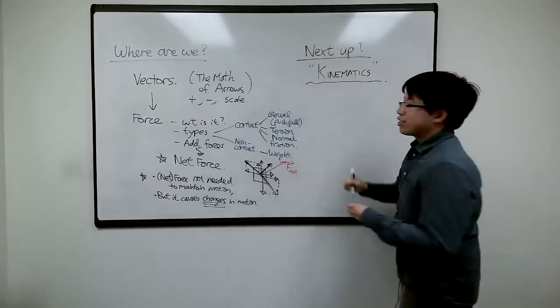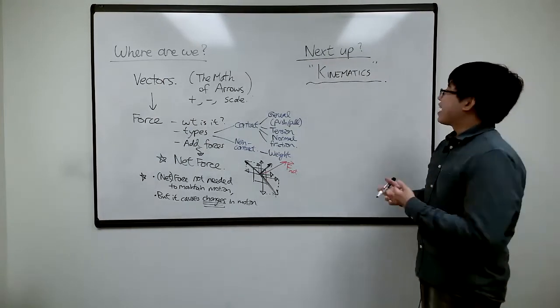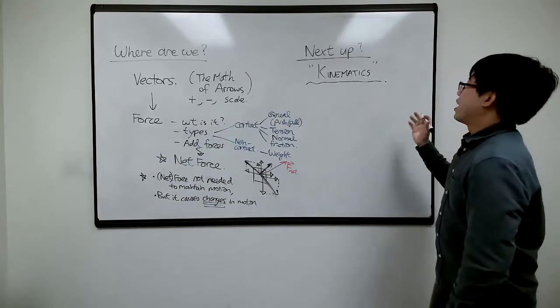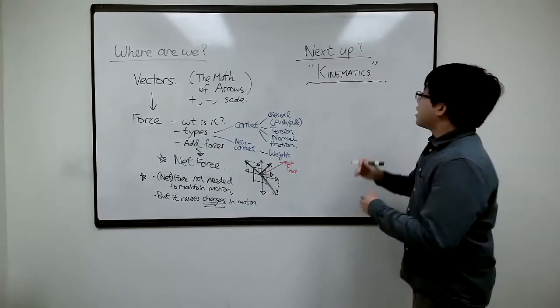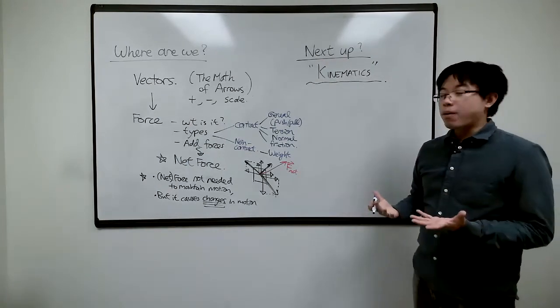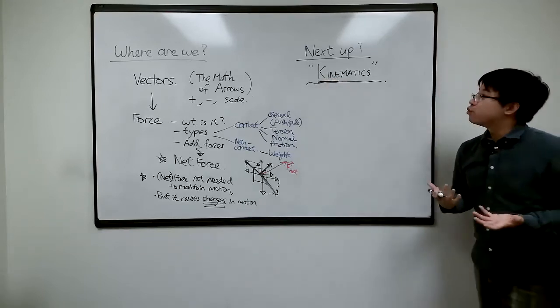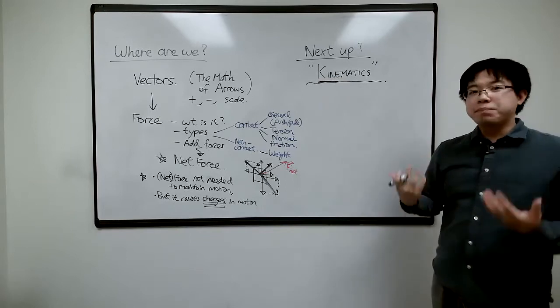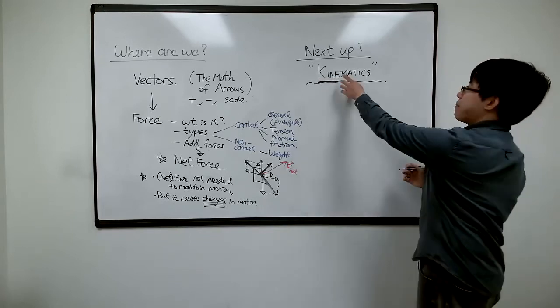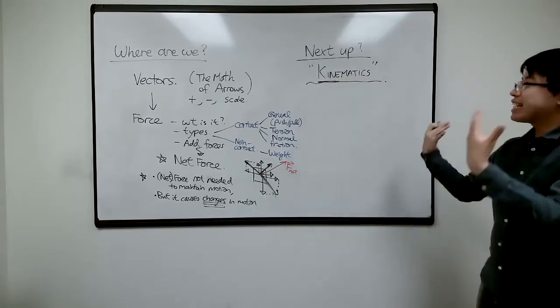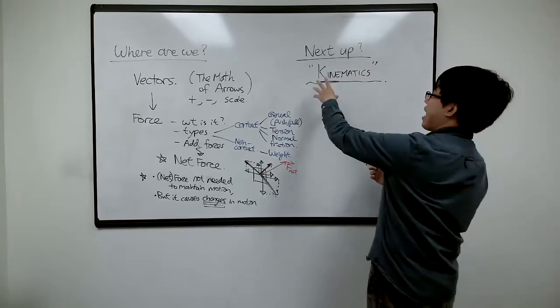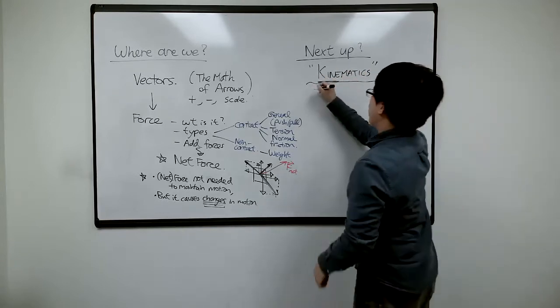Okay, so kinematics, what does this mean? It sounds like a very fancy word, but it just means the theory of motion. In fact, kin comes from the Greek root for speed or motion. And matics, like mathematics, is a study, so it's basically the study of motion.